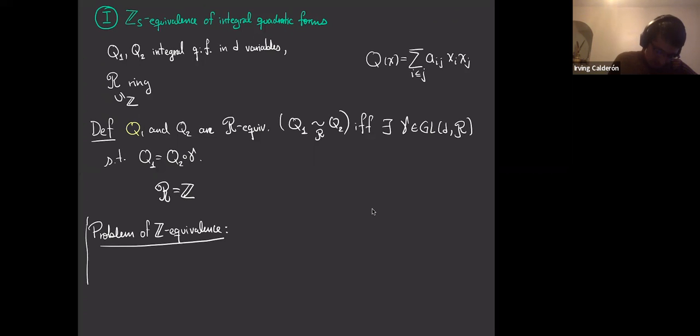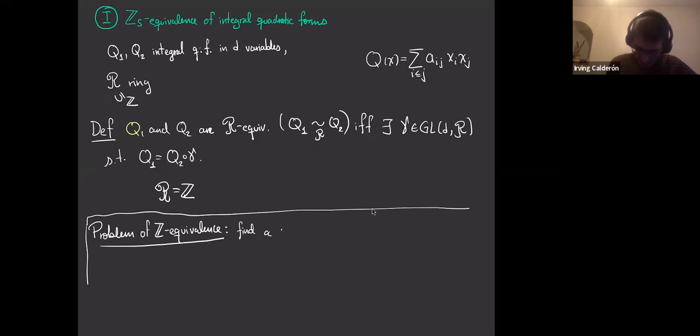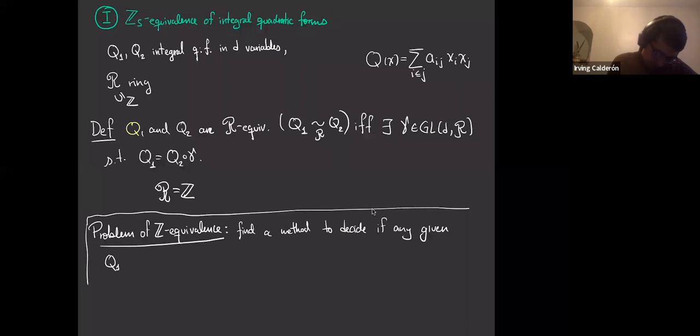And more specifically, we're interested in the problem of Z equivalence, which asks to find a method to decide if any given Q1 and Q2 are Z equivalent.